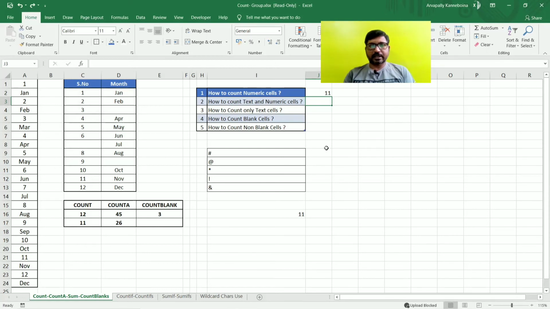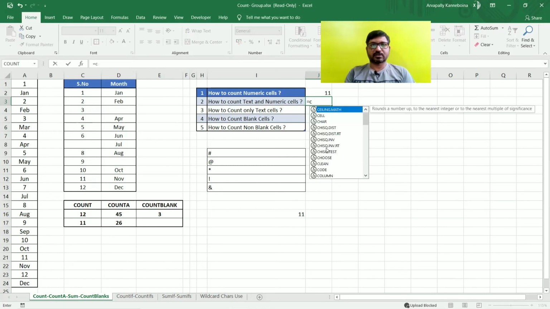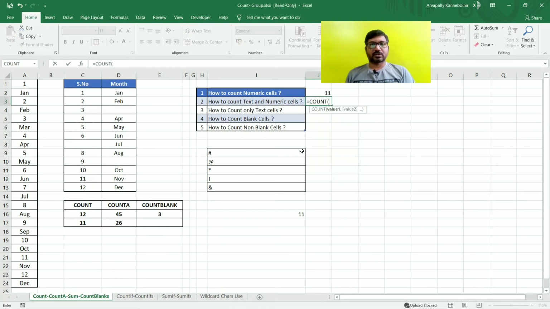So right now we can write the formula count A here definitely, because for a combination of text and numbers, whichever cell contains data will get counted. It counts special characters and text and numbers, is equal to count A. So we write a different one.